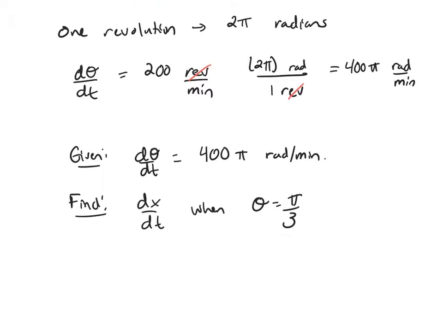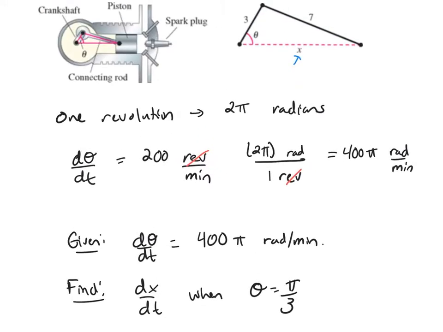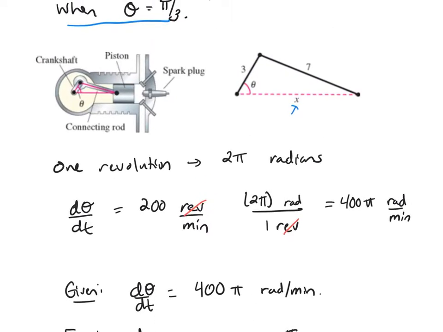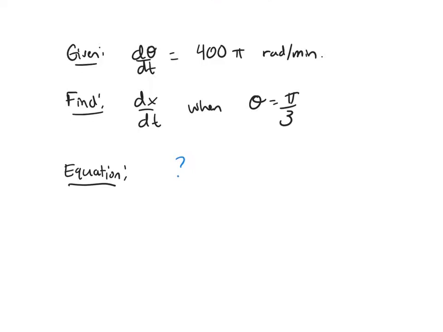And then the one part we still don't have yet is our equation. So what goes here for our equation? We have a question mark right now. I have a triangle, but I don't necessarily have a right triangle. And so I'm going to have to think about what kind of formula I can use.